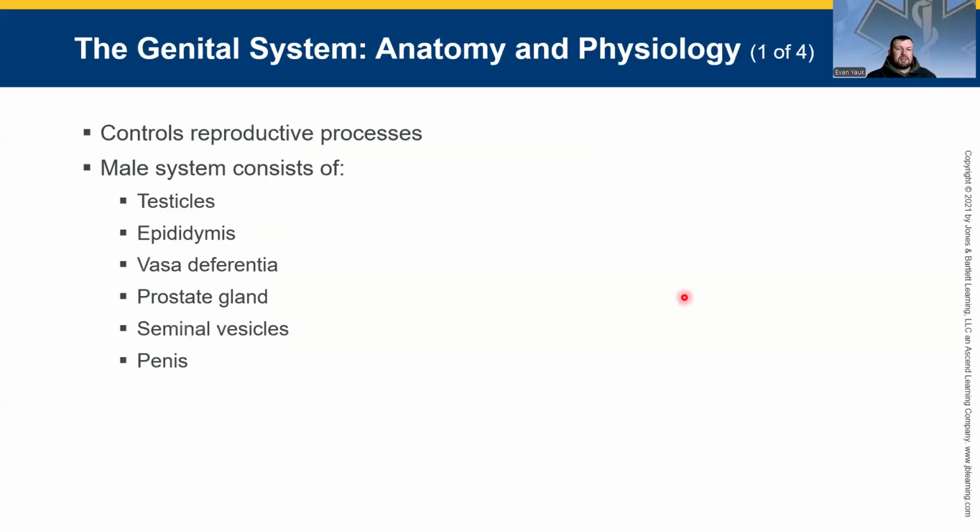The genitalia system controls your reproductive process. Male system consists of testes, your epididymis, once again, I don't know half these words, your prostate gland, your seminal vesicles, and your penis.